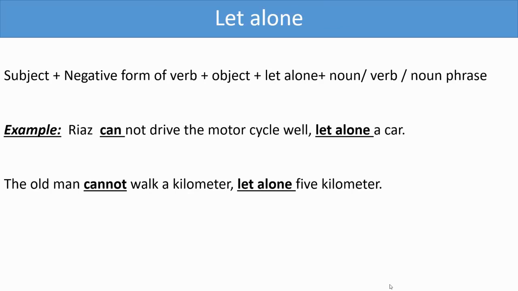Now come to another phrase, that is let alone. Subject plus negative form of verb plus object plus let alone plus verb, noun or noun phrase. Let alone কে যদি আমরা সহজ ভাষায় বোঝাতে চাই তাহলে হচ্ছে যে ব্যাপারে চিন্তা করা যায় না বা ভাবা যায় না এমন কোন জিনিস সম্পর্কে যখন আমরা কথা বলি। Look at the examples.